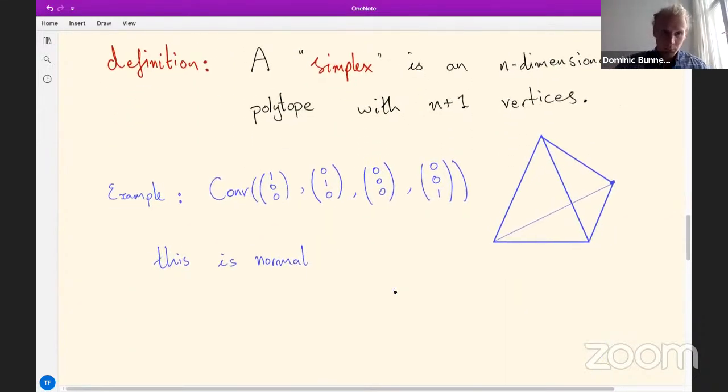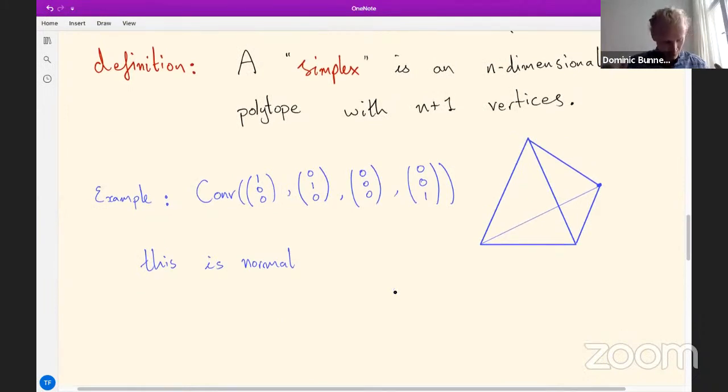Now we're going to restrict to a certain class of polytopes, the most basic class, called simplices. A simplex is essentially a higher dimensional triangle. It's an n-dimensional polytope with n+1 vertices. A triangle sits in the plane, so it's 2-dimensional and has 3 vertices.